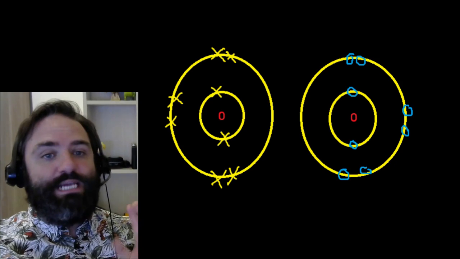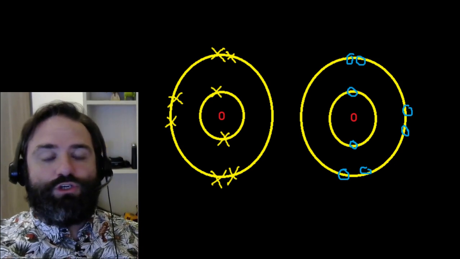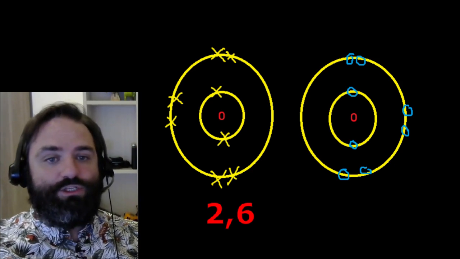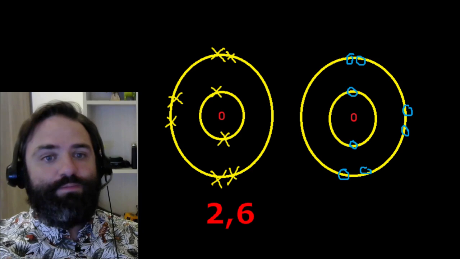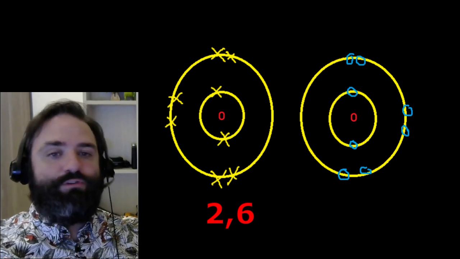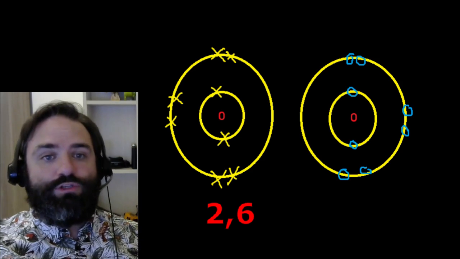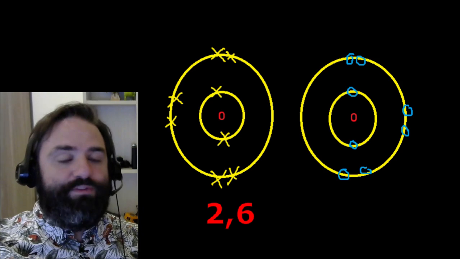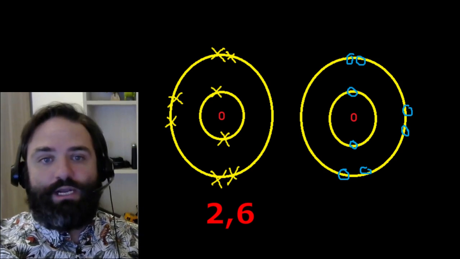It's like that because each oxygen has an electron structure of 2, 6. That's 8 electrons in total, a full first shell, but 6 in the outer shell. And in order to make a full outer shell, it needs to gain 2 electrons. If it's reacting with another oxygen, it doesn't have anywhere to get those extra electrons from, and both of the oxygens want 2 extra electrons.